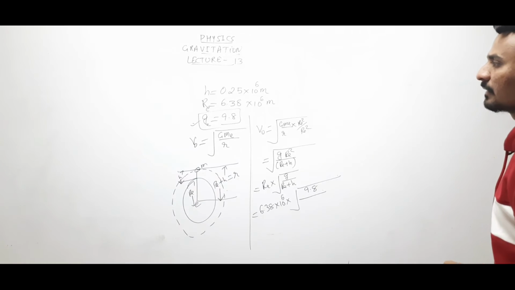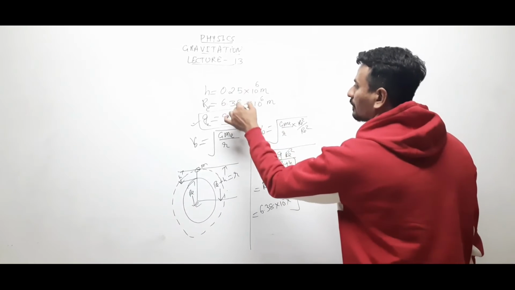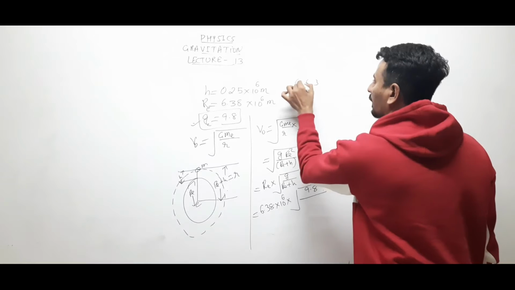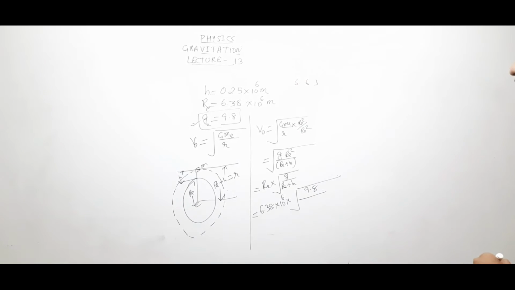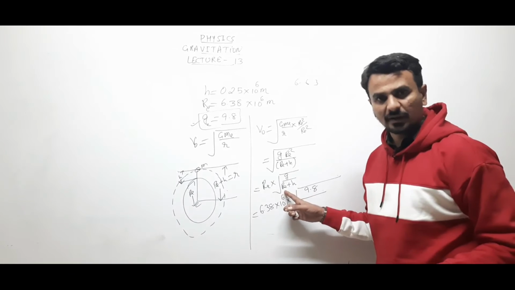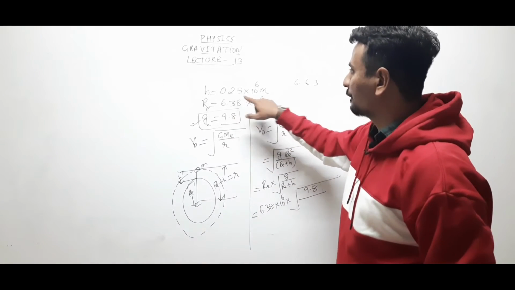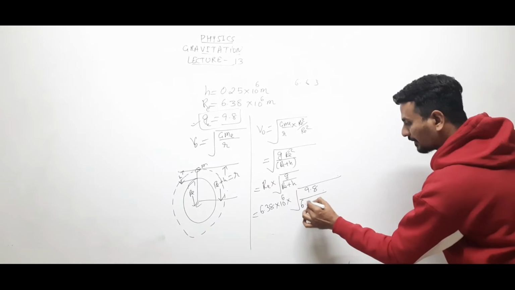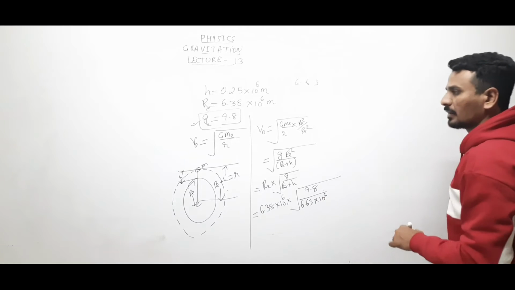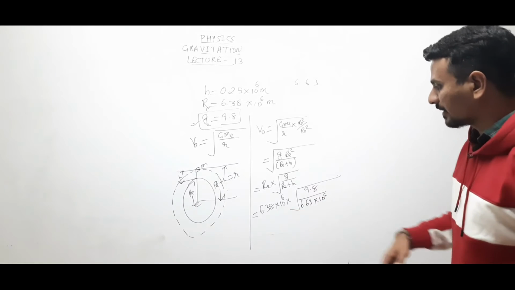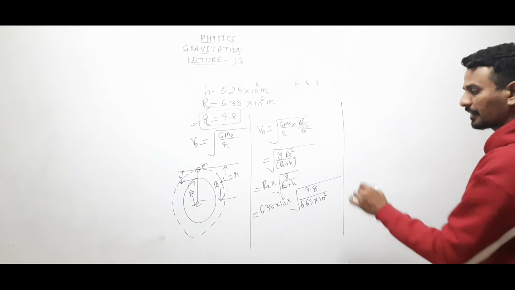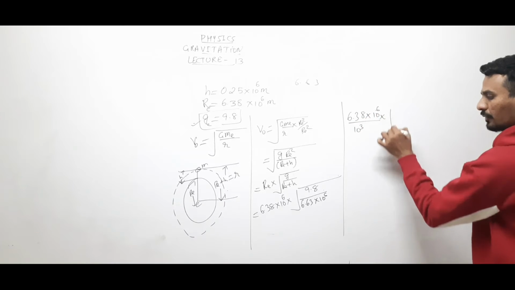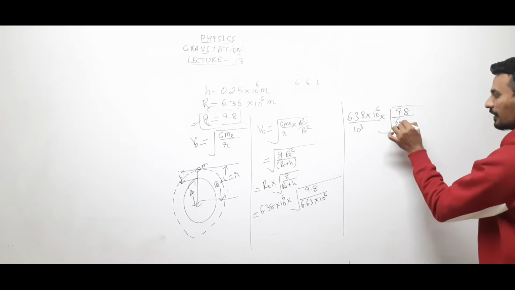Add this: 6.38 plus 0.25, and 10 raised to 6 will be common, so it will be 6.63 into 10 raised to 6. We can take 10 raised to 6 outside the root, so it will be 6.38 into 10 raised to 6 upon 10 raised to 3, into root of 9.8 upon 6.63.